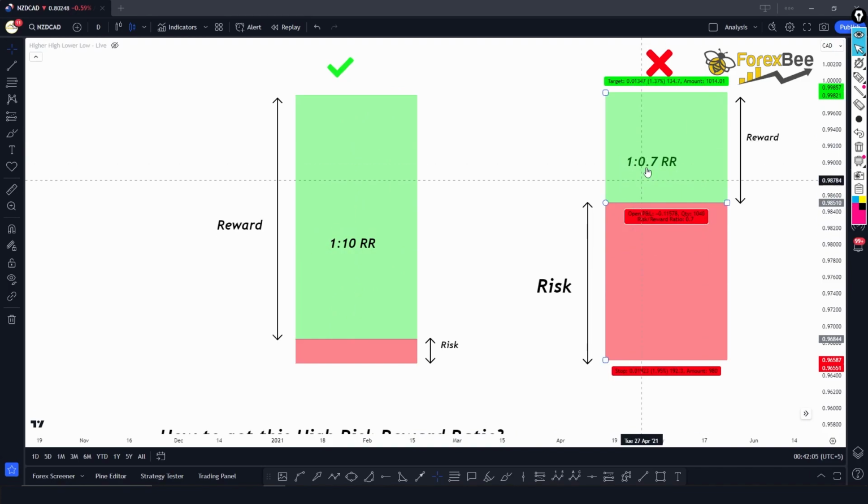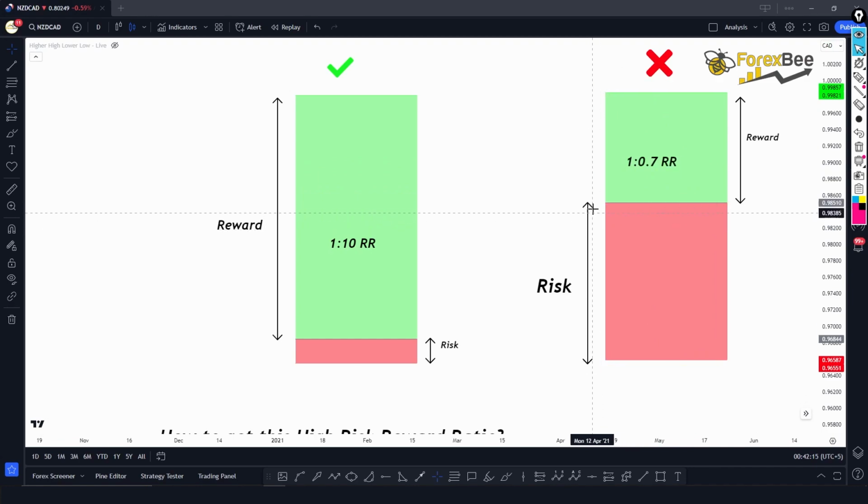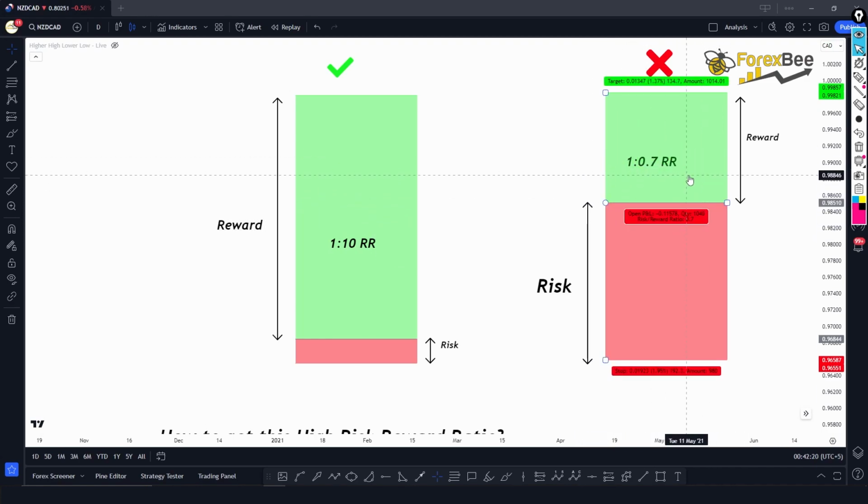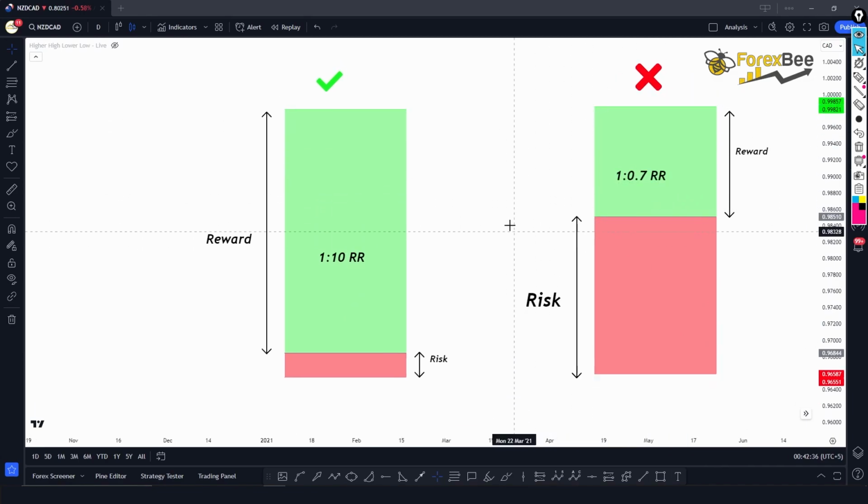Now if we talk about this one, this trade is also in profit, but the only issue here is that we are risking a lot of money for a very small profit. If we had risked 2% or $20 of our trading account, with this 1 to 0.7 risk to reward ratio, we would have only made $14. That's not even equal to what we are risking. So we want to avoid the trades that have a low risk to reward ratio.